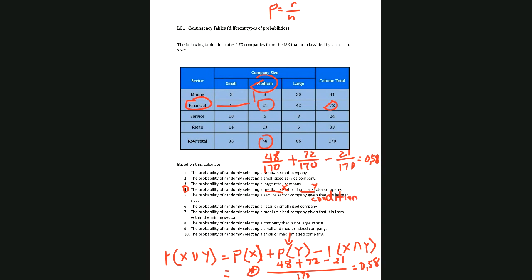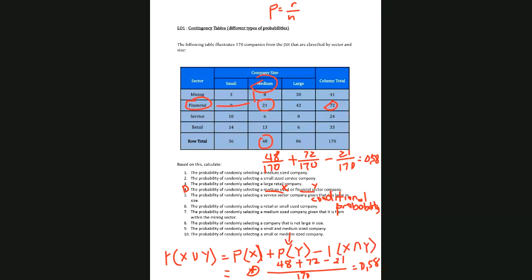So this is a conditional probability. Again, the moment you see the word given, and as I said, with a conditional probability, you'll find that the size of your denominator changes.